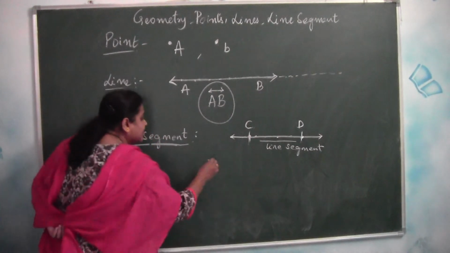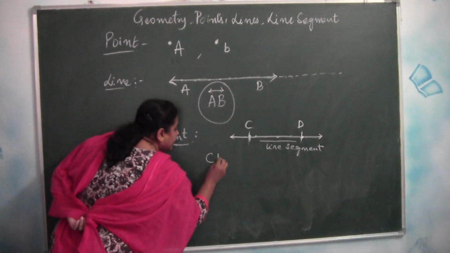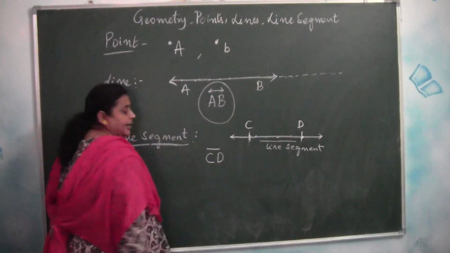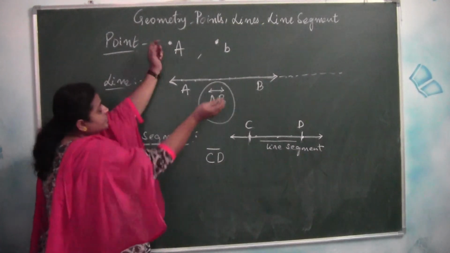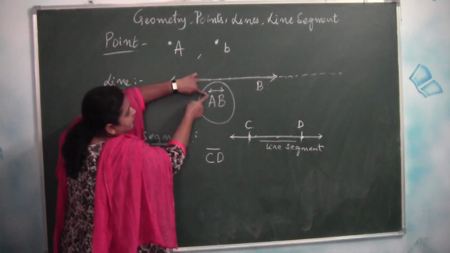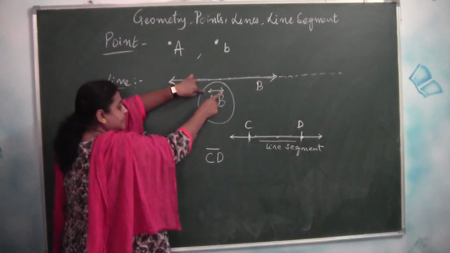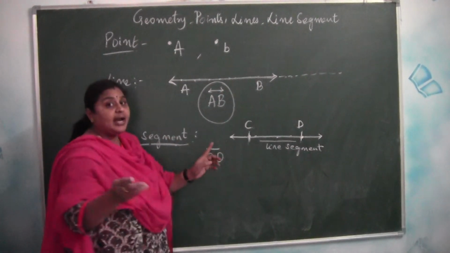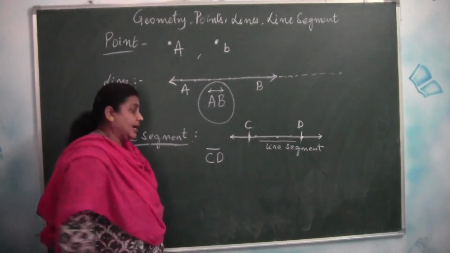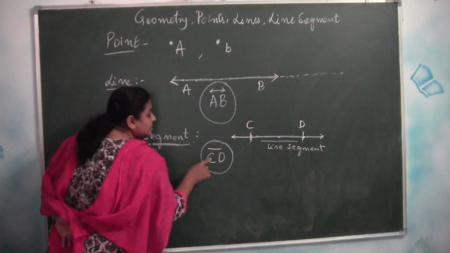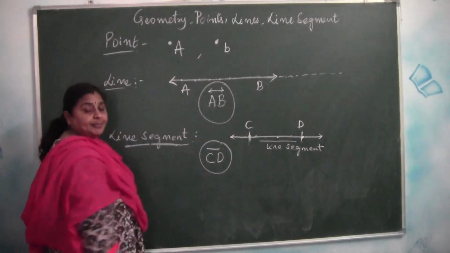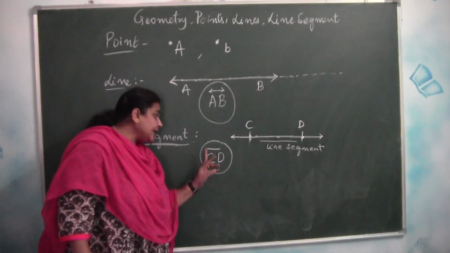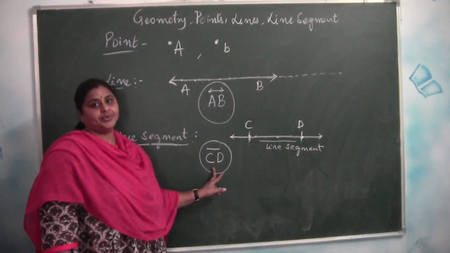The line segment is represented as CD. If you observe, children, on AB I have drawn a line with 2 arrow marks. On CD, I have simply drawn a line and it doesn't have any arrow mark. It means this is a line segment CD.